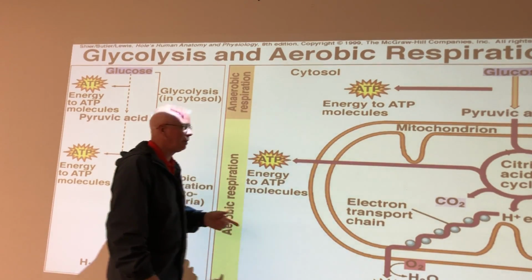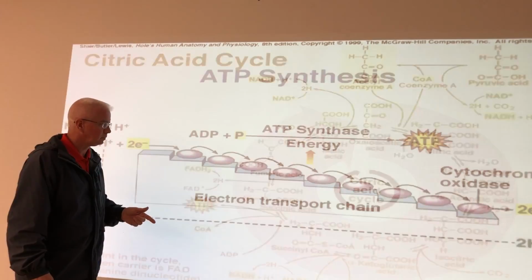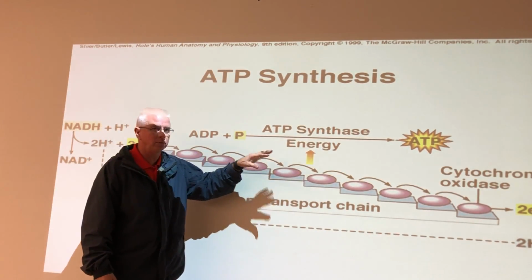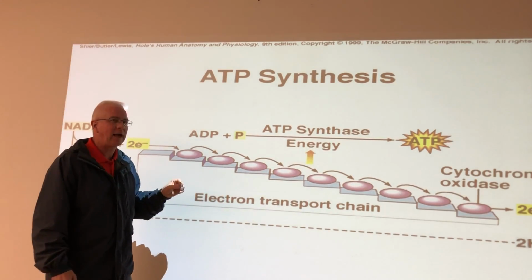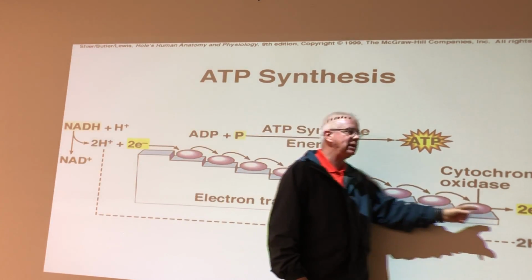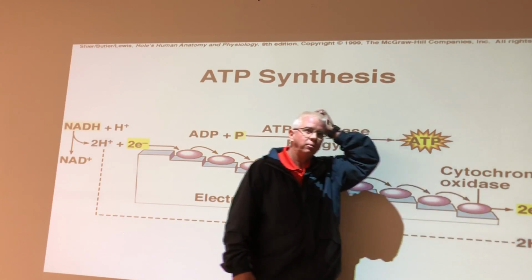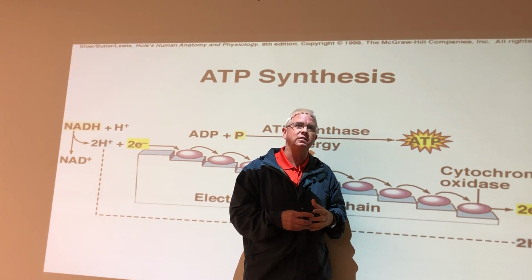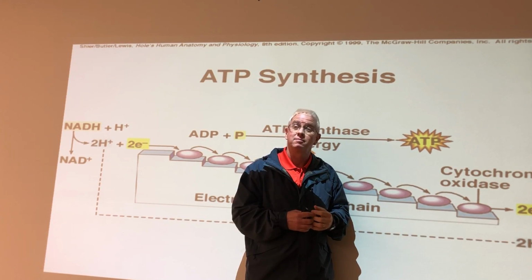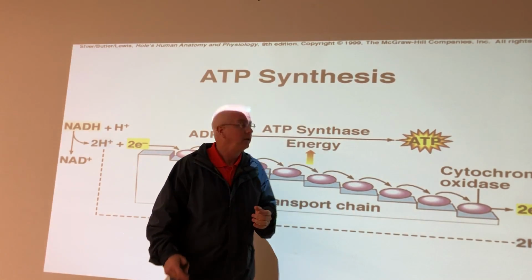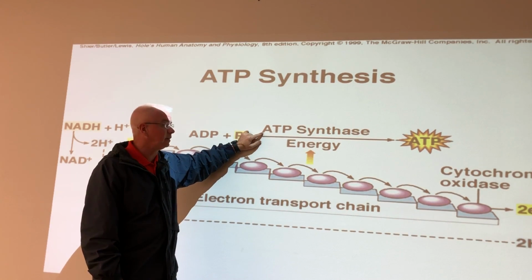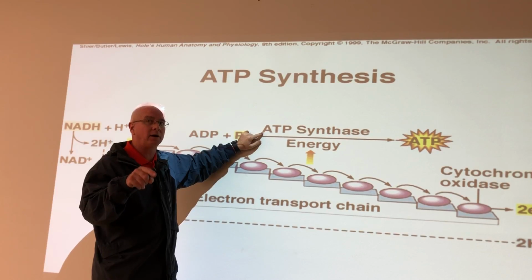So while this is happening, the electrons are being transferred from molecule to molecule. While that's happening, oxygen is taking on the electrons. The protons are actually building up in the space right outside the cytoplasm of the mitochondria. Now, the reason that's important is because this protein, called ATP synthase, is in that inner mitochondrial membrane.